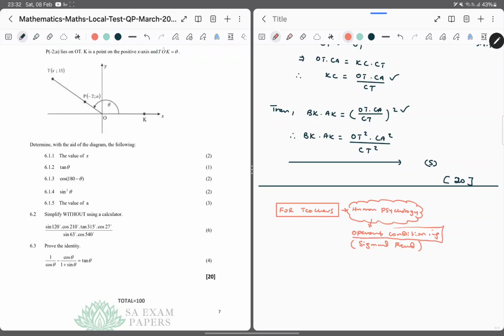Now, this used the experiment by, is it Ivan Pavlov? I think so. Ivan Pavlov experiment. Now, this is essentially where a dog is trained so that it realizes food is coming.